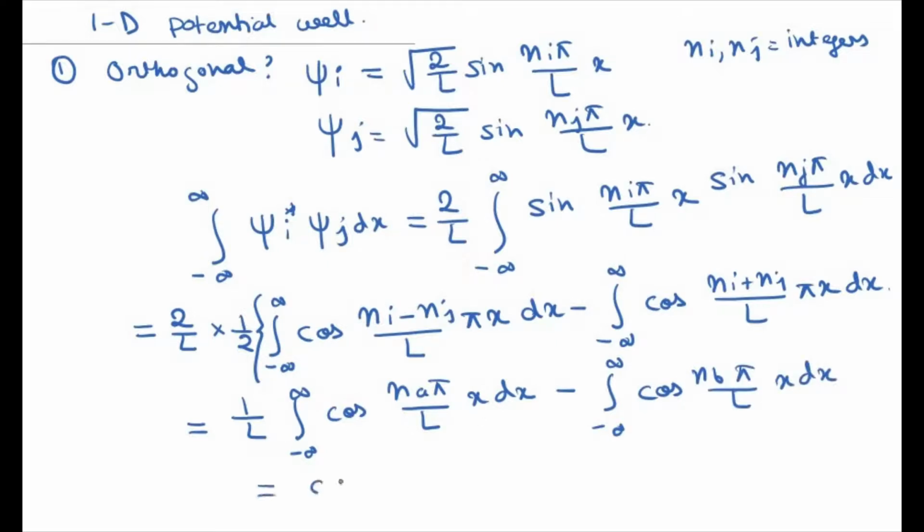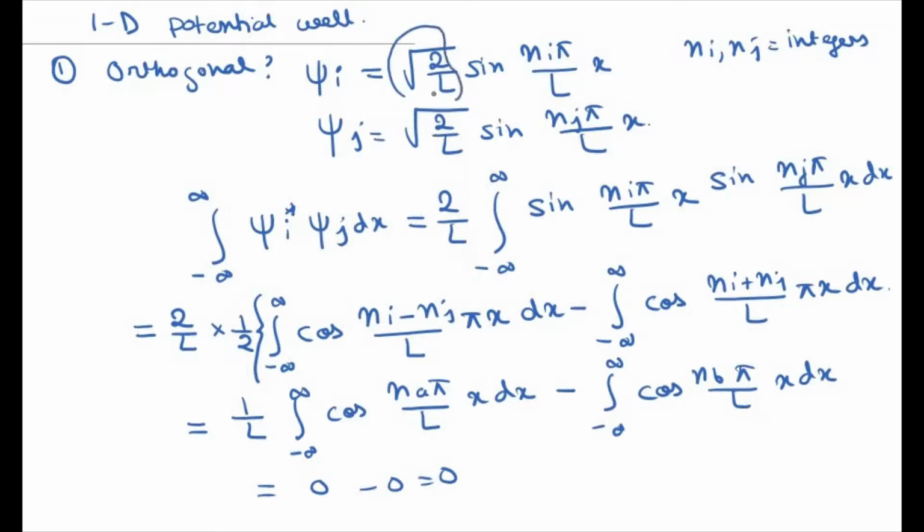Both these terms are basically 0. So we have 0 minus 0, which is equal to 0. Okay, so na and nb are integers over here, because the sum and difference of two integers are also integers.